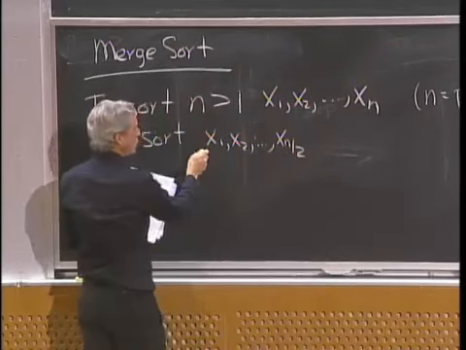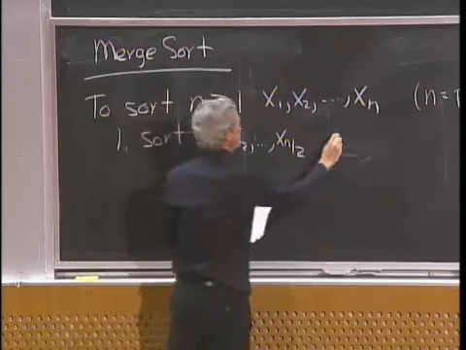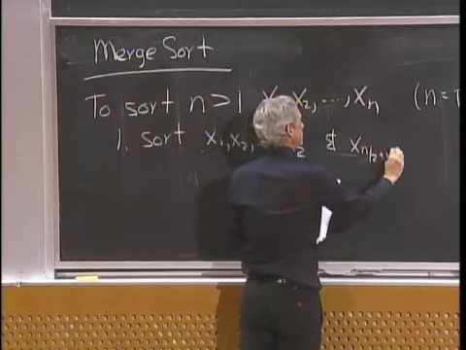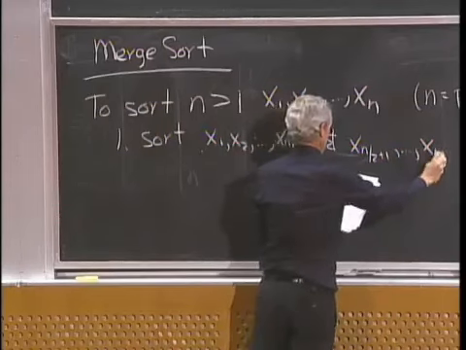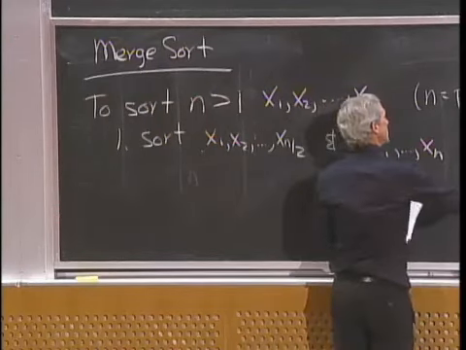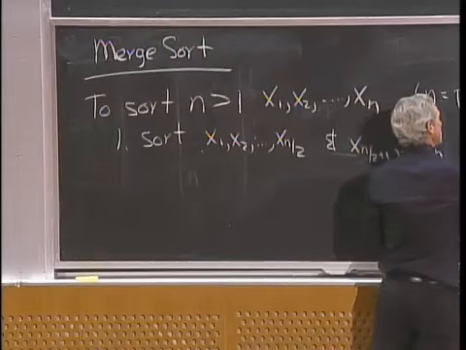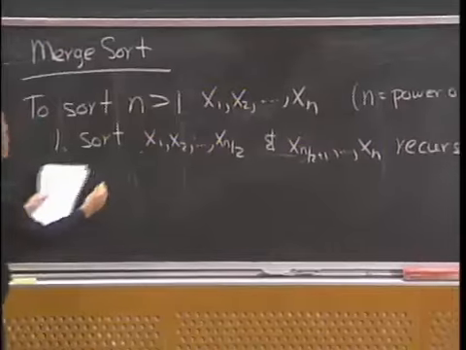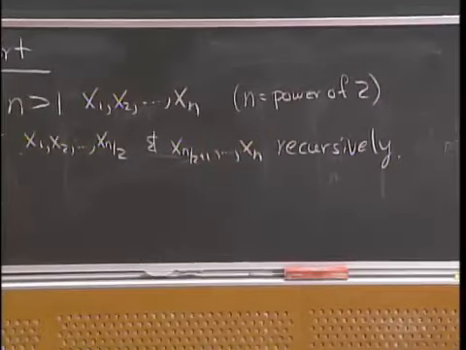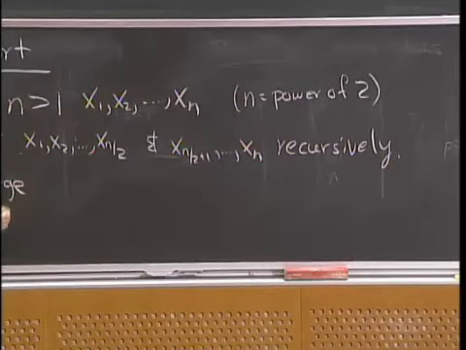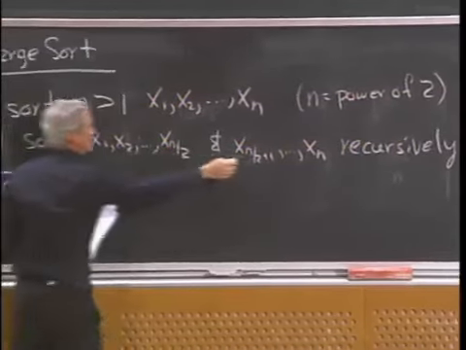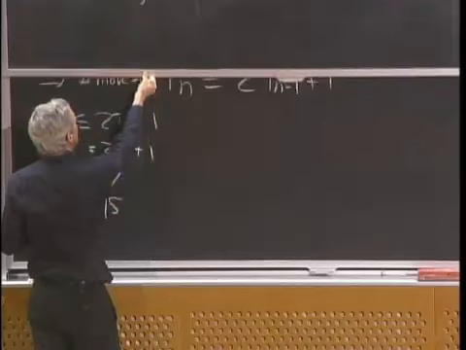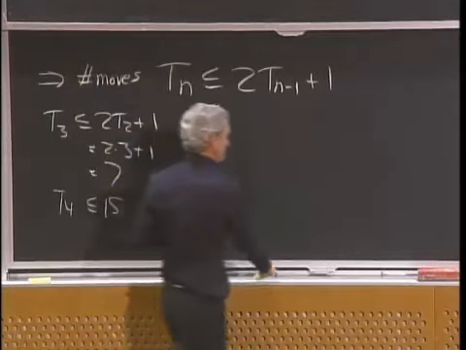So we use recursion to sort the first n over 2 items and the last n over 2 items. And then we're going to merge those two sorted lists together. So we're going to merge this list and that list. So let's see how this works and figure out how many comparisons we have to do to sort the list.